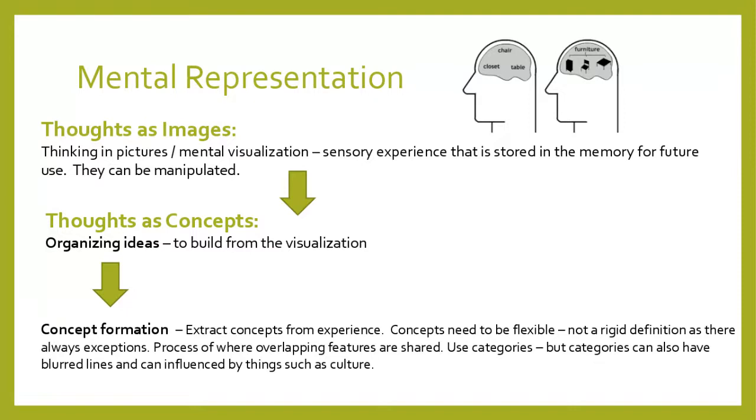So thoughts as visual representations basically start when children are young and they have got no experience of the world, and they see things as visual representation. But as we get older, as we experience things, those visual representations develop into concepts. I think a good example of a visual representation is when we do our mind mapping, for example.